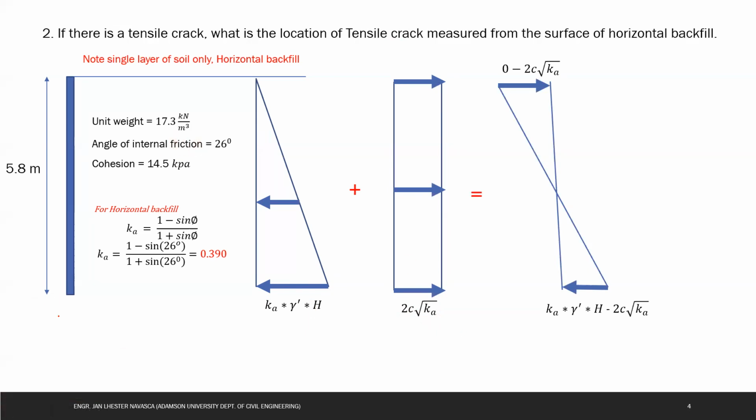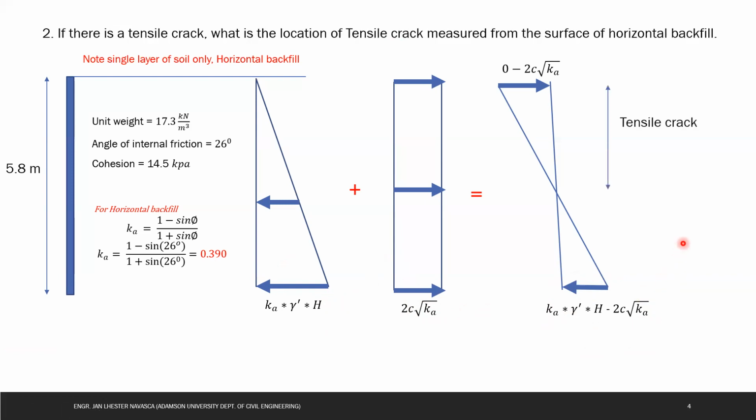Yung pressure sa top, which is 0, minus 2c square root of K sub A. Then the pressure at the bottom, you have this K sub A gamma prime H minus 2c square root of K sub A. So that is why you have this diagram at the bottom.